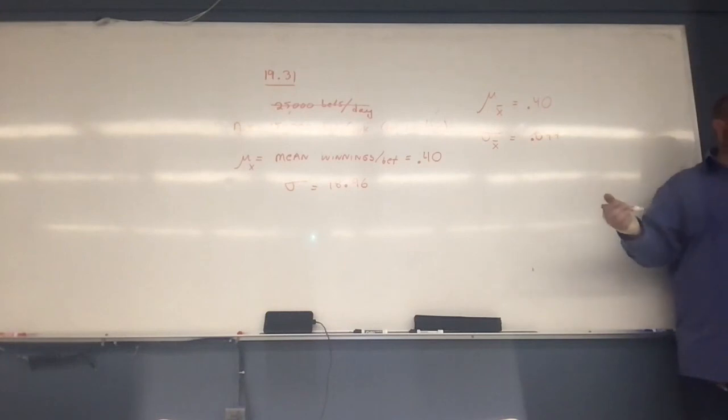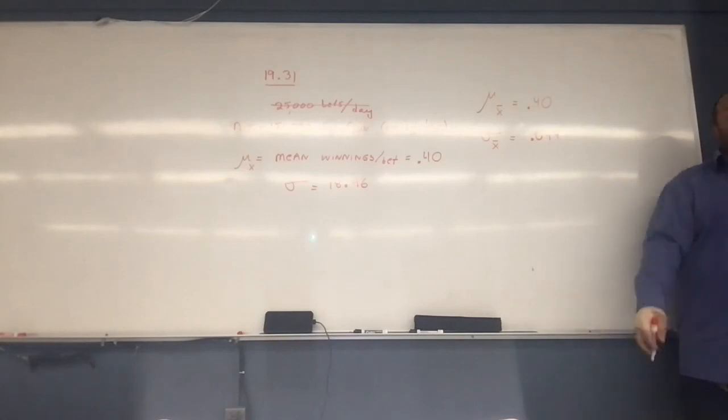Which is what, by the way? How much are you going to make per week? 40 cents per bet, which is 0.4 times 150,000, which is $60,000 per week.